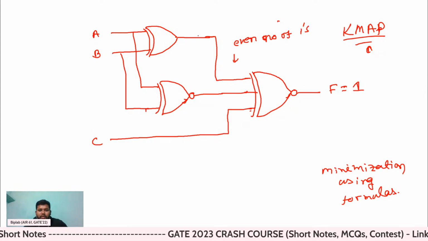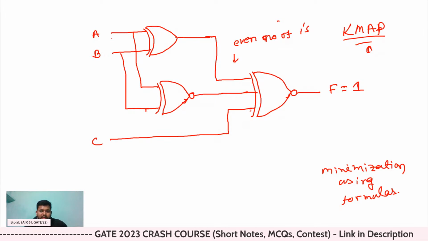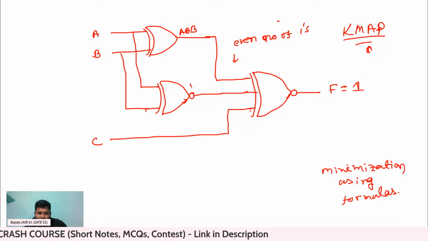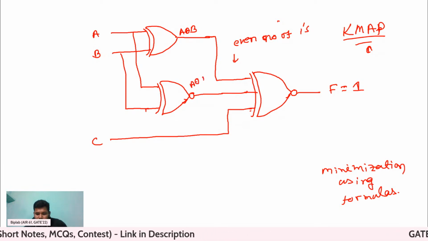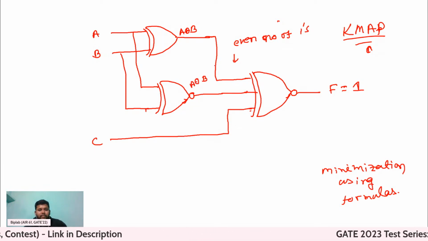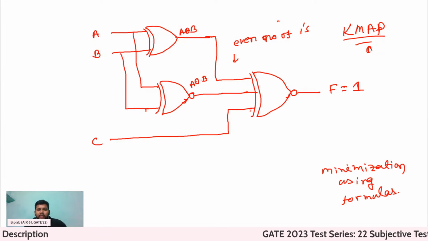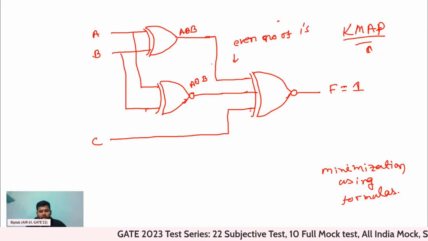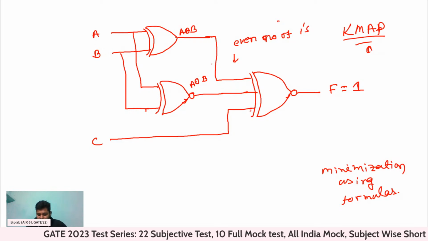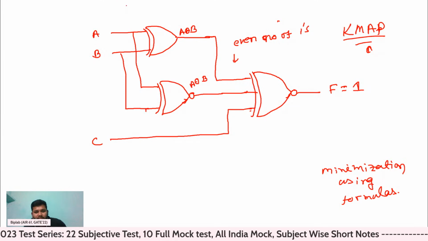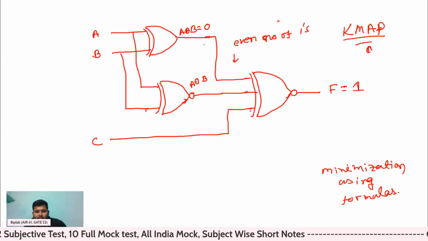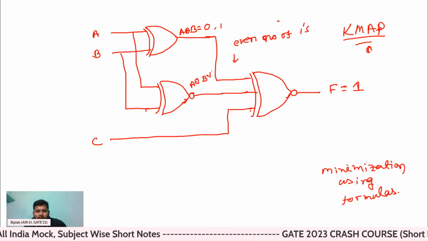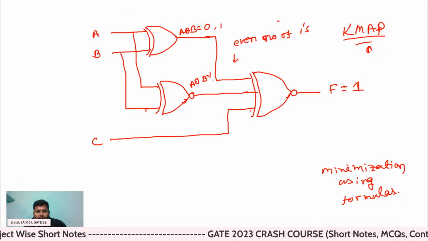Now you can see it is A or B and it is A XNOR B. These two outputs cannot be the same; one is the complement of the other. So if this is 0, then this would be 1. If this is 1, then this would be 0.